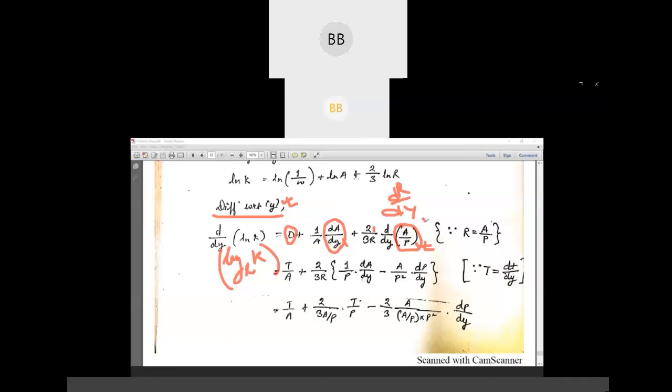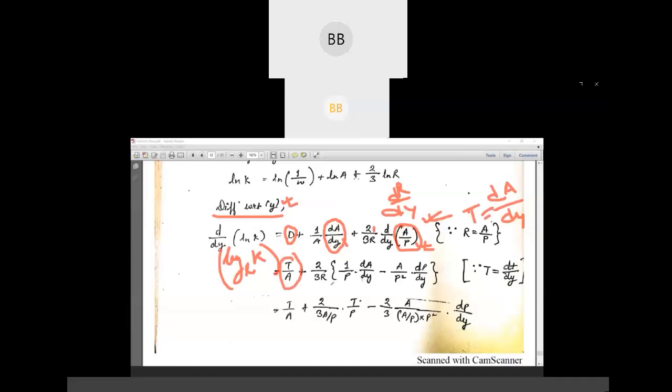So you'll get this expression after differentiation, and then see this will be 0, then we have 1 by A, dA by dy we have already discussed. dA by dy is nothing but our top width. You can write top width, so that is why it will be T by A.